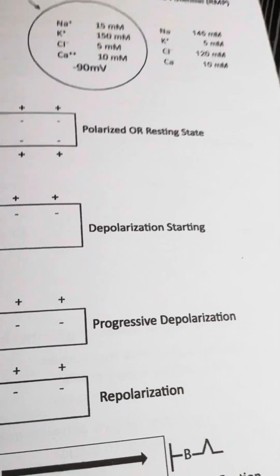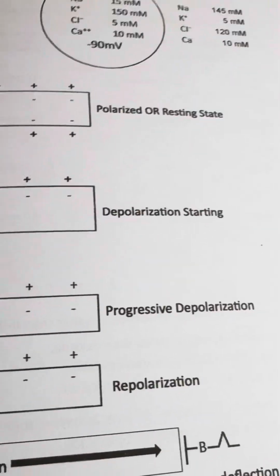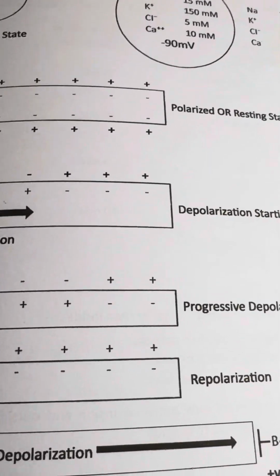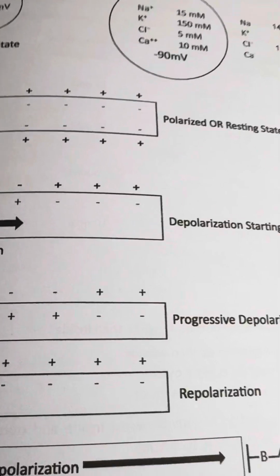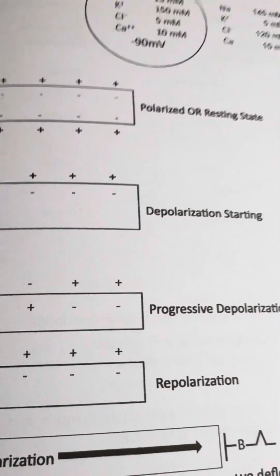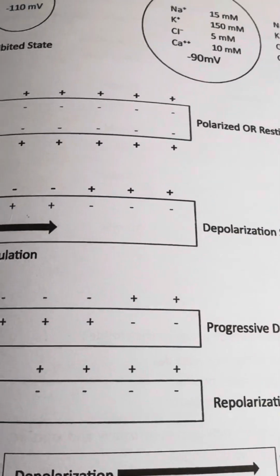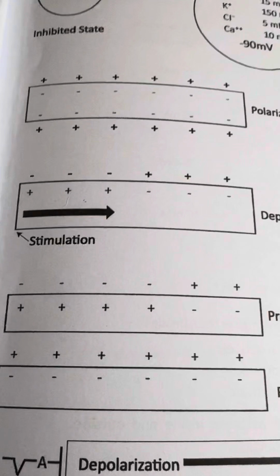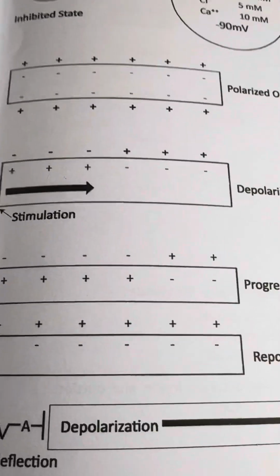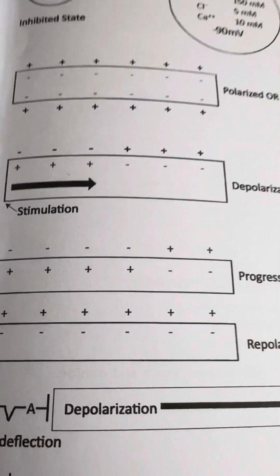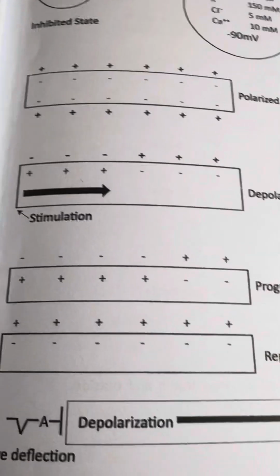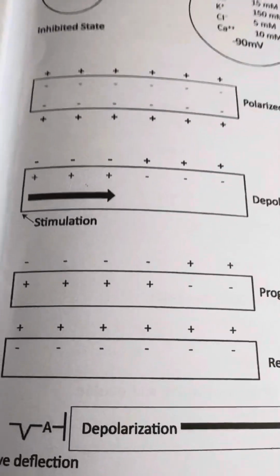Another point is the polarized state. The positive and negative charges are polarized, positive outside and negative inside. So this is also known as the polarized state. Now come to the second example. On the left hand side, if you put an electrical stimulus, what happens?